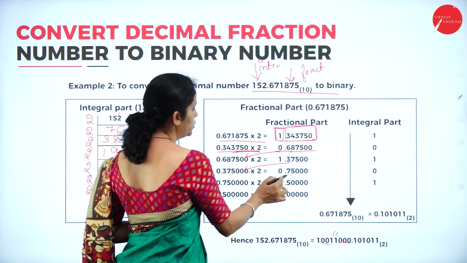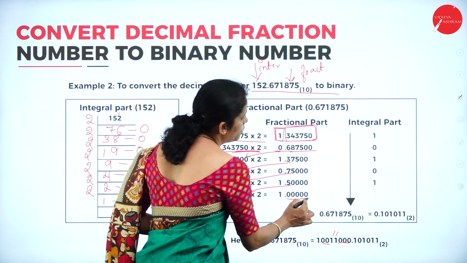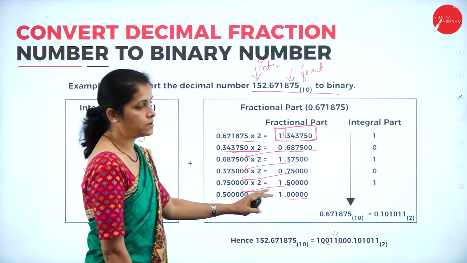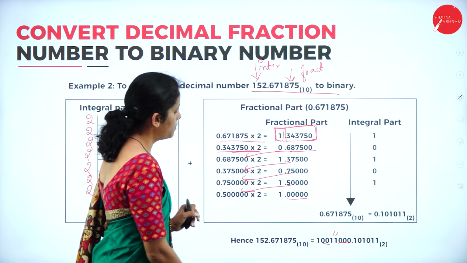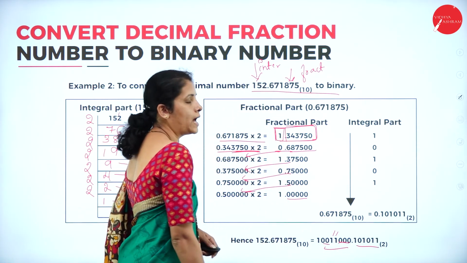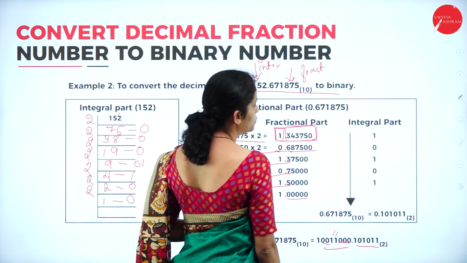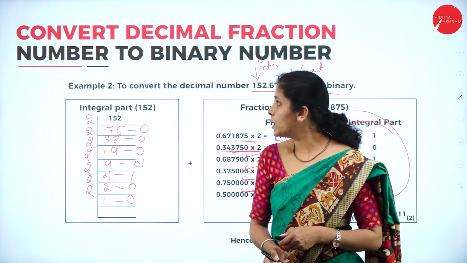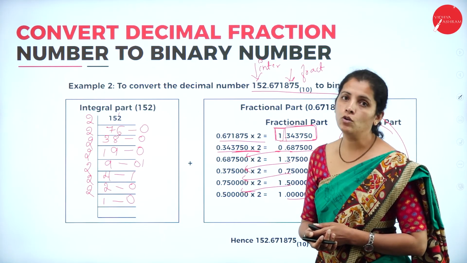This will continue until all my products are 0, then I'm going to stop the process and club all the results together. So I'm going to write my integral part as well as my fractional part result, starting from MSB to LSB. This is the way I can convert my decimal number to binary.